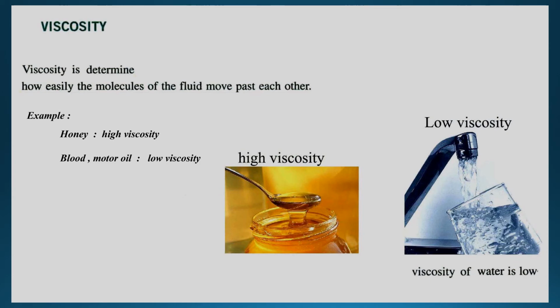So water, even though it has strong hydrogen bonds, these strong hydrogen bonds are quite easy to swap places and move around. They are not in a rigid hydrogen bond. They easily swap and change. So water has low viscosity and honey has high viscosity.